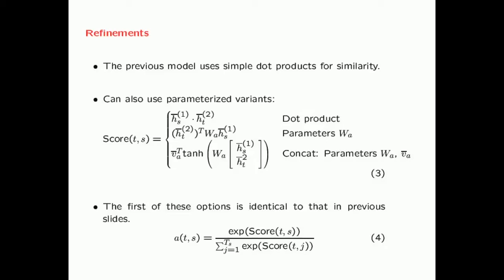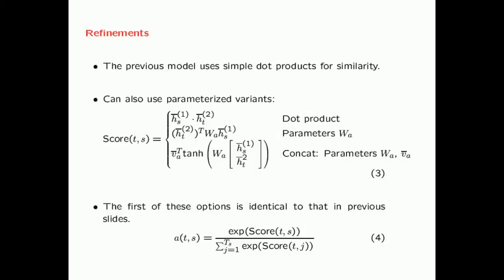Now, there are many variations of this basic model, and I have the citation for this paper in the next slide. So here I have given the variants. What we just showed was the dot product model, which uses simple dot products for similarity, but you can generalize it by using other types of similarities.